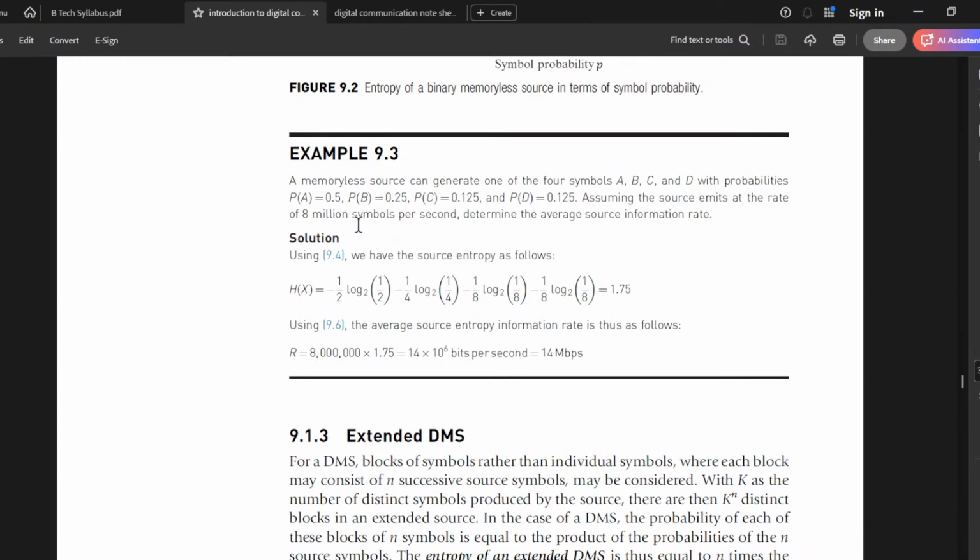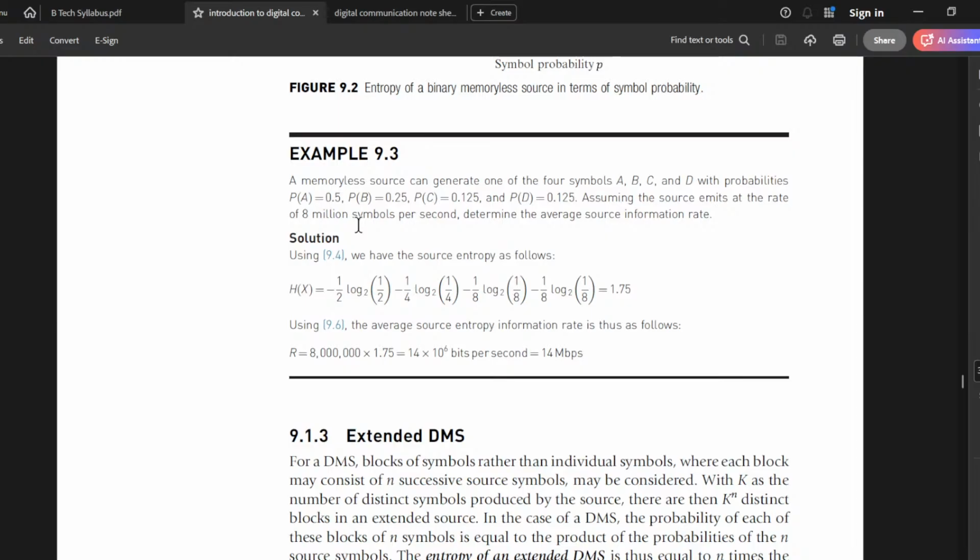The next question. A memoryless source can generate one of the four symbols A, B, C, and D. The probabilities are 0.5, 0.25, 0.125, and 0.125.